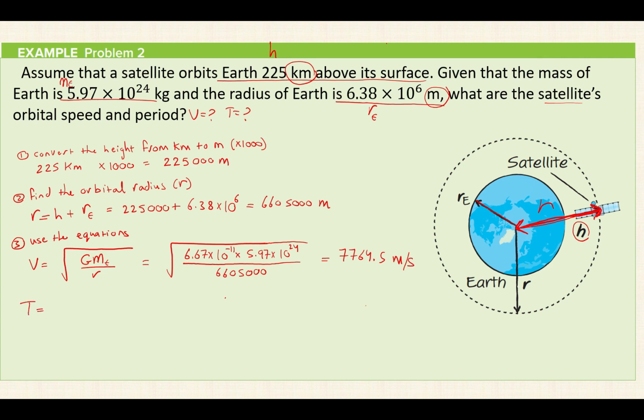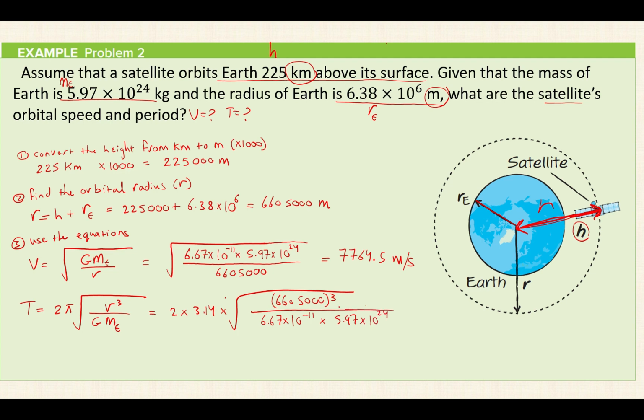To find the orbital period, we're going to multiply 2 times pi, which is 3.14, times the square root of r cubed over GME. 2 times 3.14, the square root of r cubed, which is 6,605,000 cubed over 6.67 times 10 to the power of negative 11, 5.97 times 10 to the power of 24. Use the calculator.